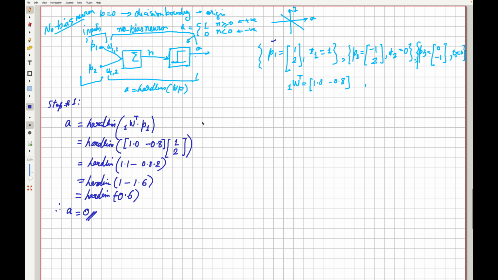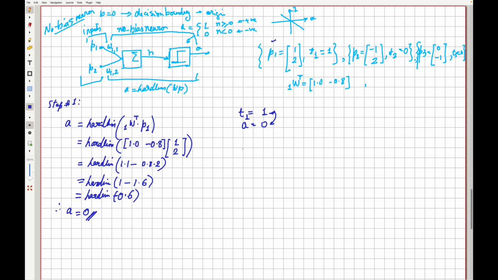The point to note here is that the target value for this data point P1, which is t1 that we have here, is 1, and the value that we get here, which is a, is 0, and so there is a difference here, and so to account for the difference, what we are going to do is subtract these two and get the new value of W.